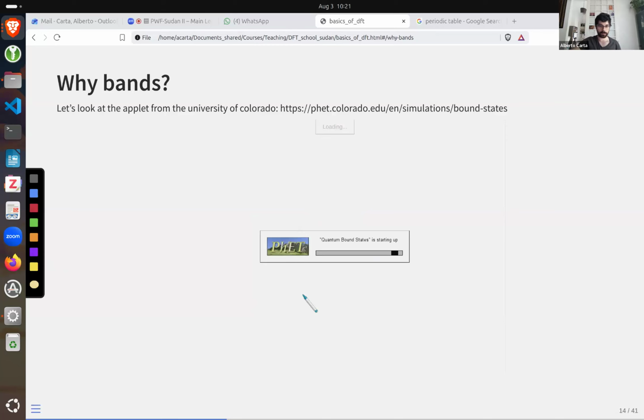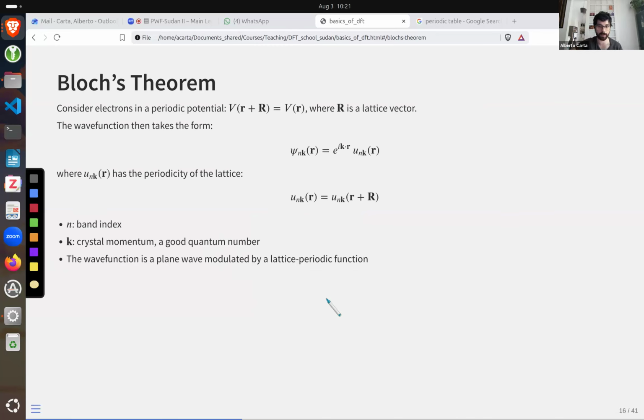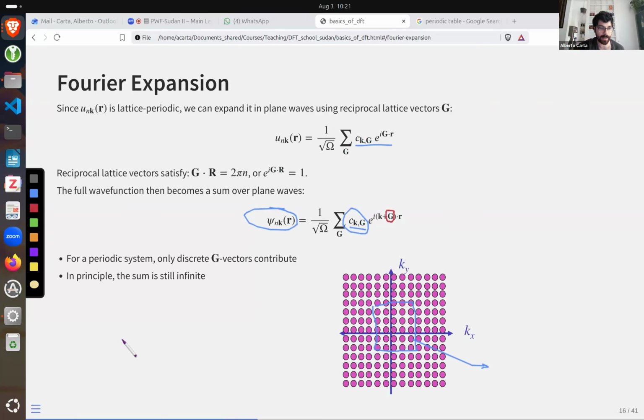Let me just draw it. It's taking forever. But any code will take the potential that comes from the atoms. Let's say that I have a crystal that looks, I don't know, something like this.